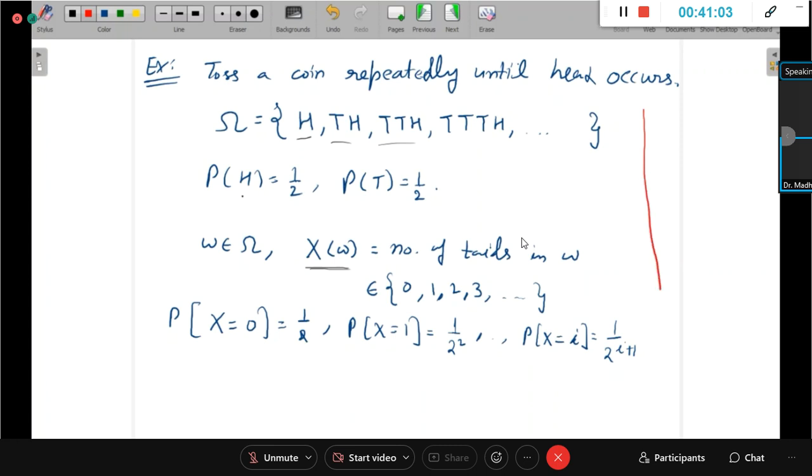This is a constant random variable. So if I assign X of w equal to the number of heads in w, that equals 1 for all w.